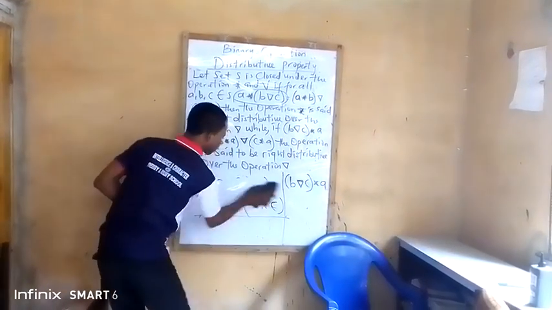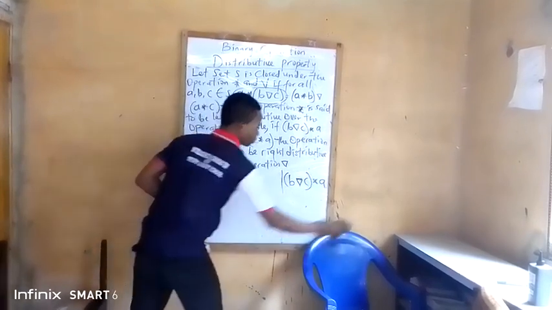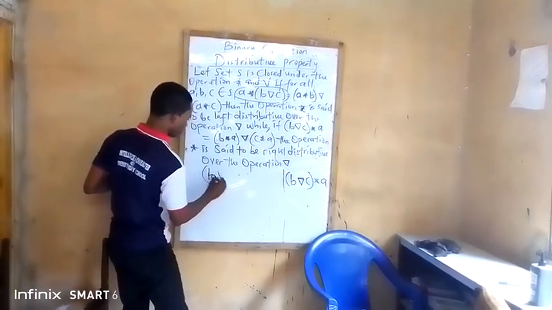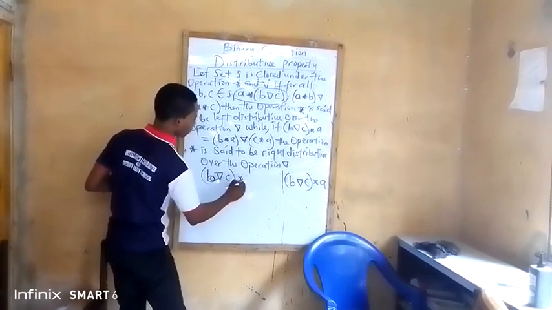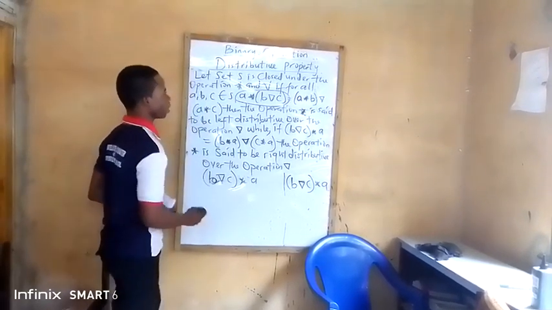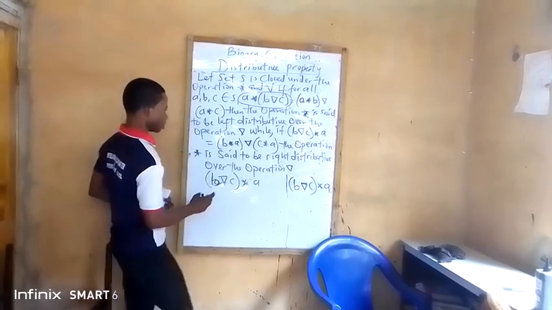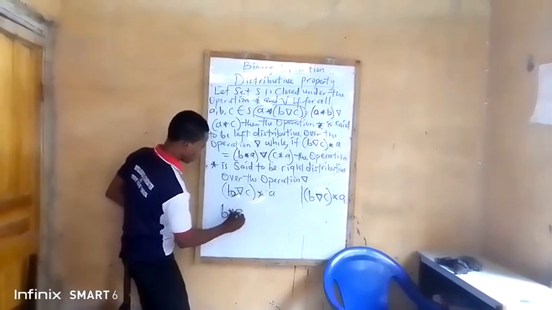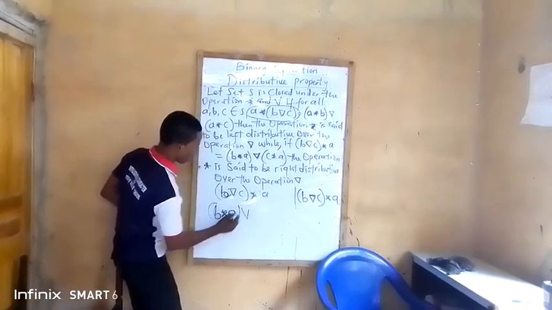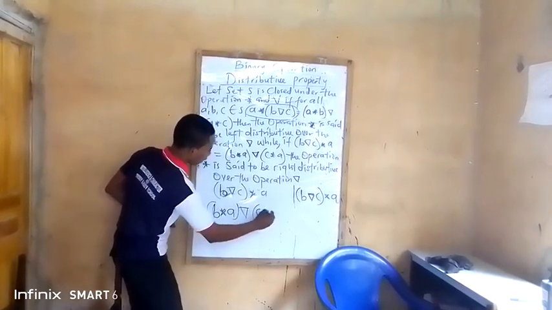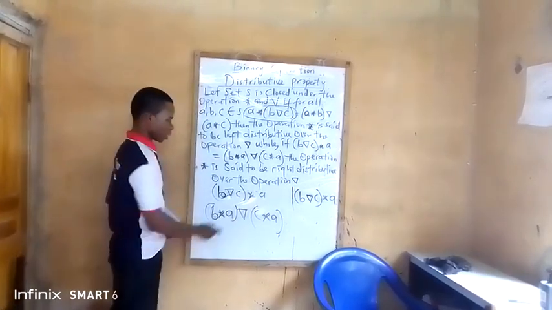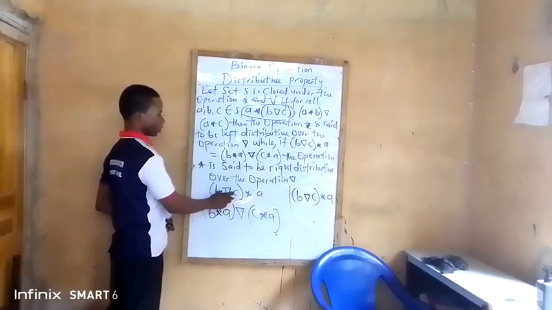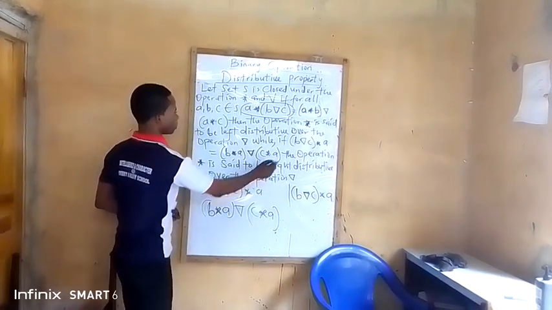So with B, open bracket, B for all C, asterisk A, for this to be distributive, that means B asterisk A for all C asterisk A. As you can see, this one is distributive over this and over this. So that's what you see here.